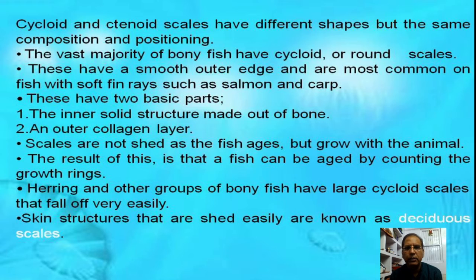As a result, a fish can be aged by counting the growth years. Herrings and other groups of bony fishes have large cycloid scales that fall off very easily. Skin structures that are shed easily are known as deciduous scales.